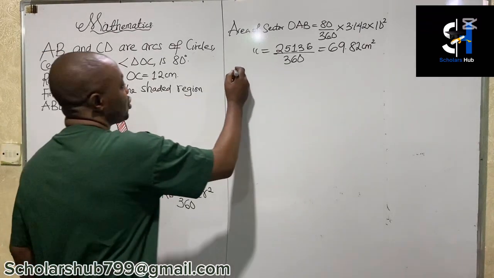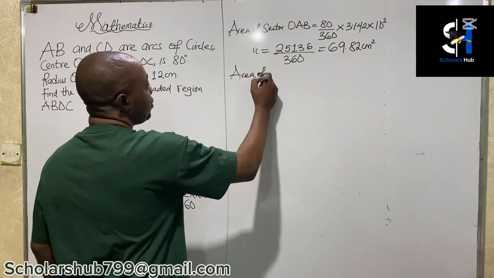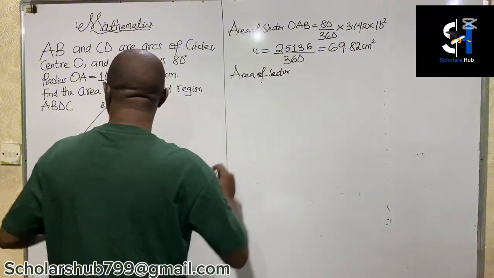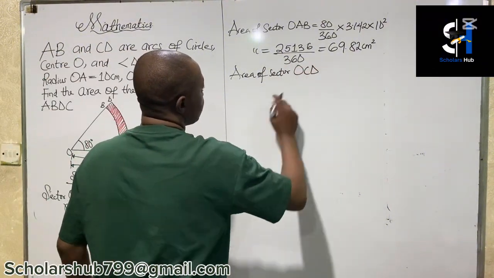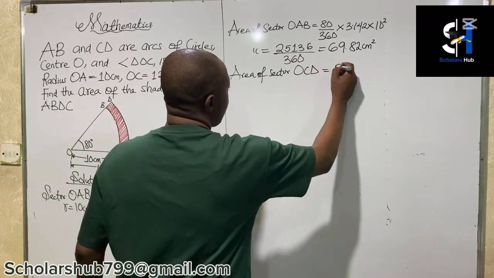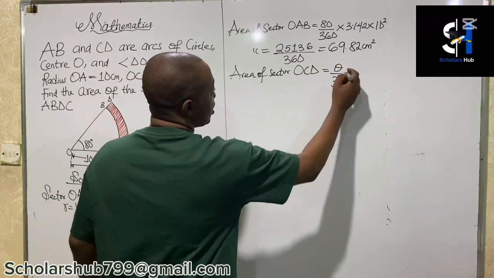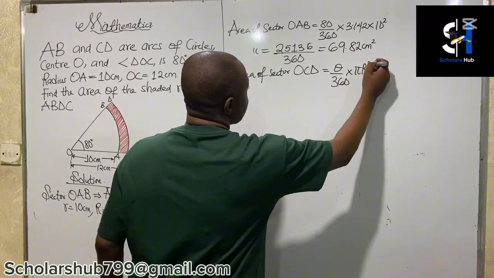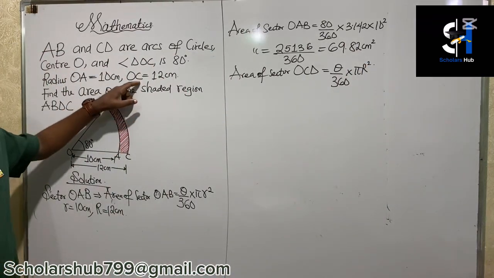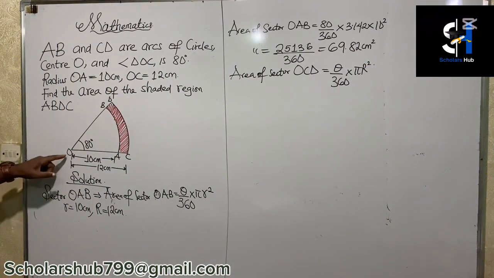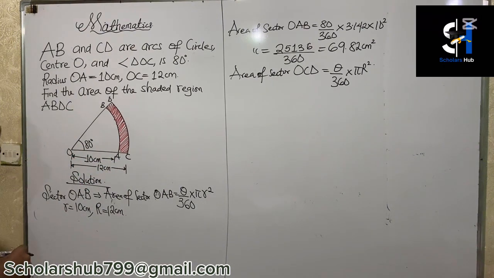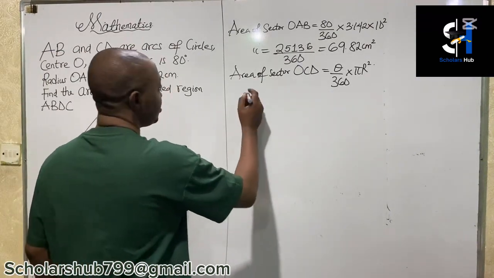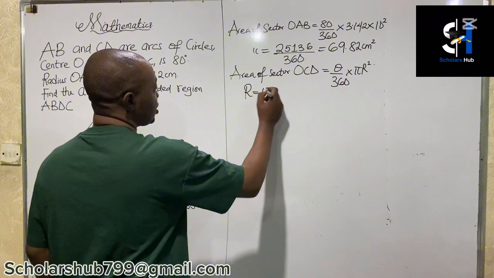The bigger sector is OCD, with a central angle of 80 degrees and radius OC of 12 centimeters.